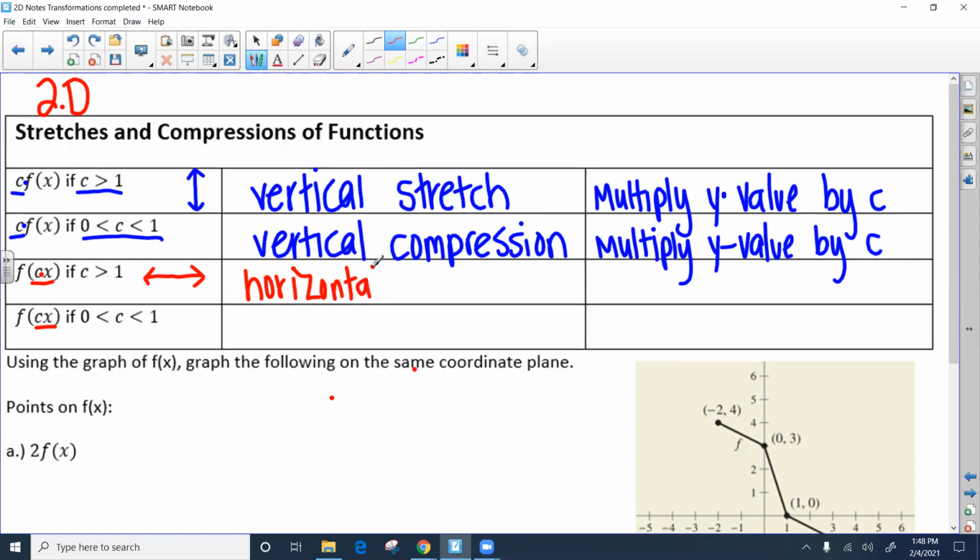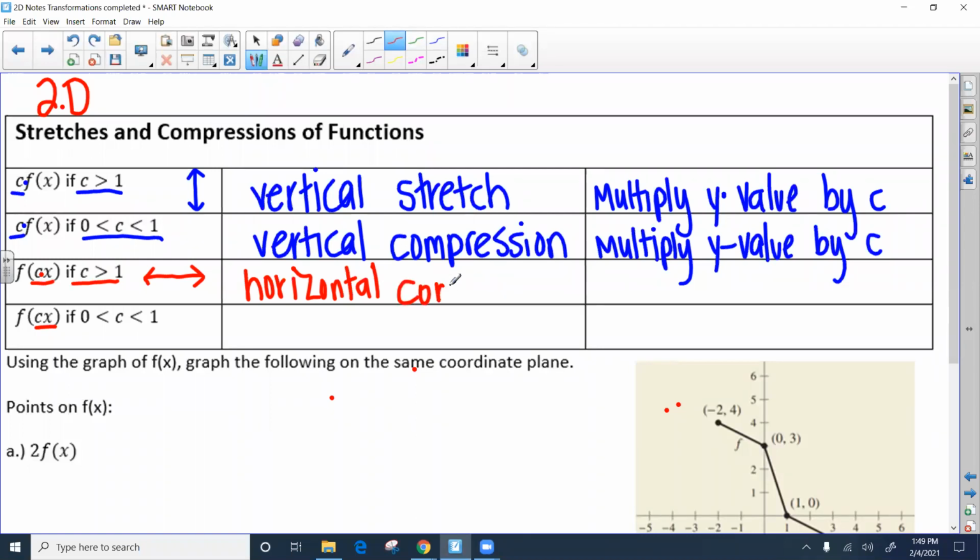Now, this one is a little tricky on the stretch or compression. Remember, when something is with the x, we do the opposite operation. So here, since the operation I see is c times x, the operation I actually have to do is divide the x values by c. And so if c is greater than 1, that's going to make the x values smaller.